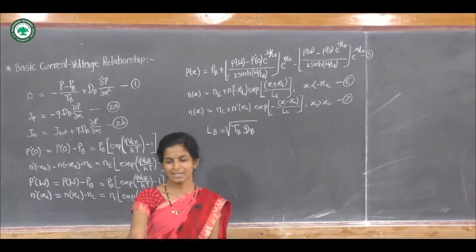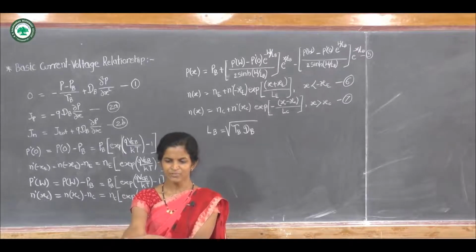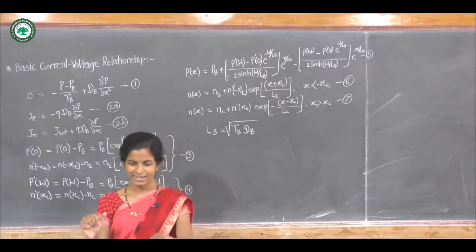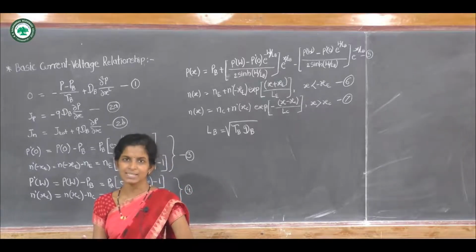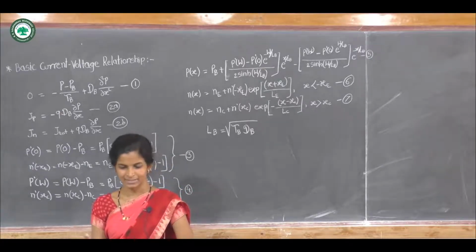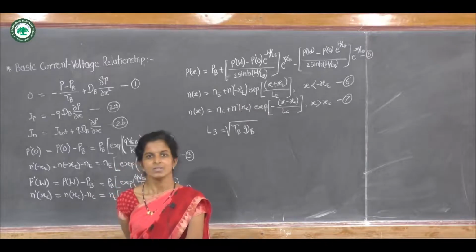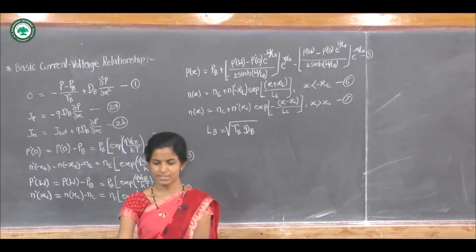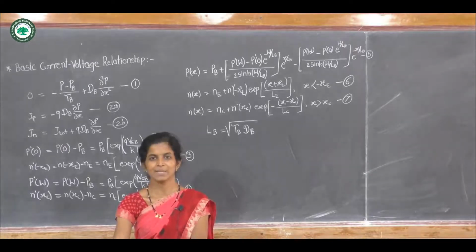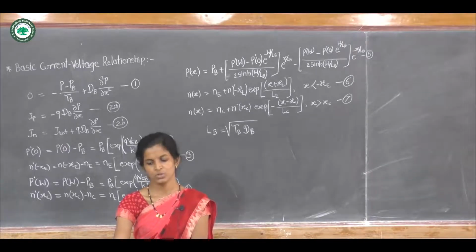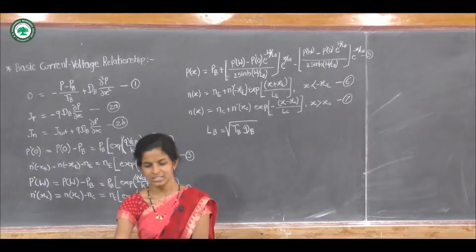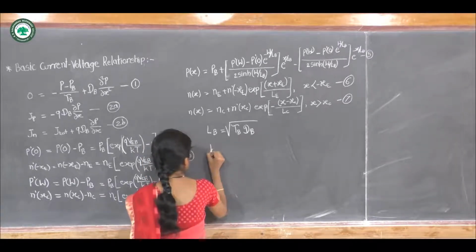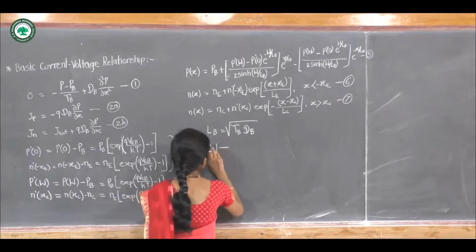So this LB is the diffusion length of holes in the base, and LE and LC are the diffusion lengths in emitter and collector respectively. So equation number 5 is important because it correlates the base width W to the minority carrier distribution.